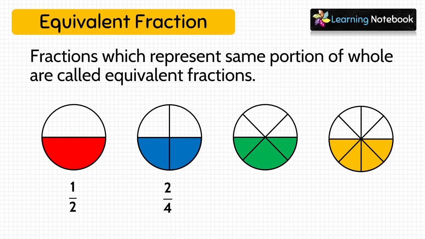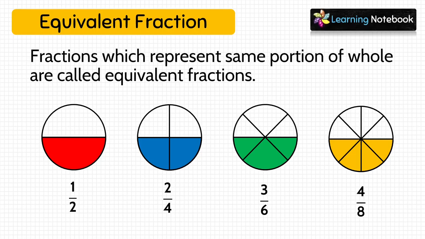Can you tell me the fraction for shaded portion in the third circle? Yes, it is 3 by 6. And for fourth circle, the fraction is 4 by 8. So students, did you notice that the colored portion of all the 4 circles represent same portion of whole?